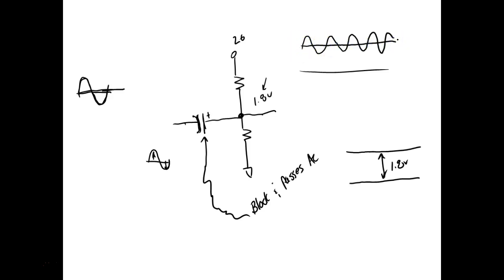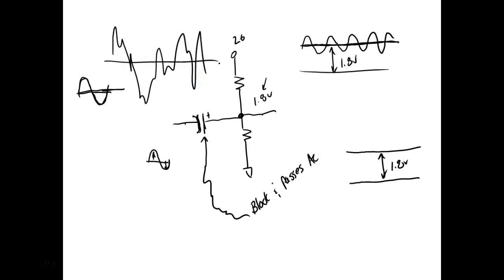So what that means is if this is a sine wave coming here, my meter is going to average that right down the center. So even though I put an AC sine wave on that thing, your meter's still going to measure the correct bias, because your DC meter is going to average that right down the center, right? Even if it's sound and it's doing this, it's still going to average it right down the center. So on sound, even though it's all over the place, it's going to equal that down there, right?